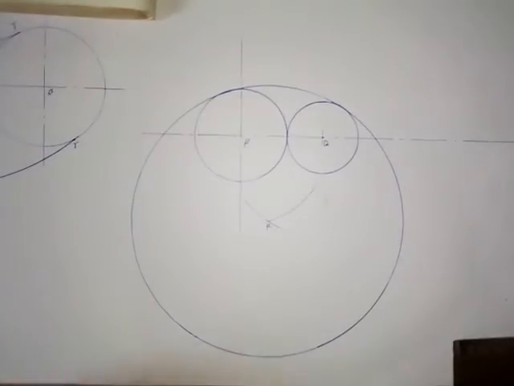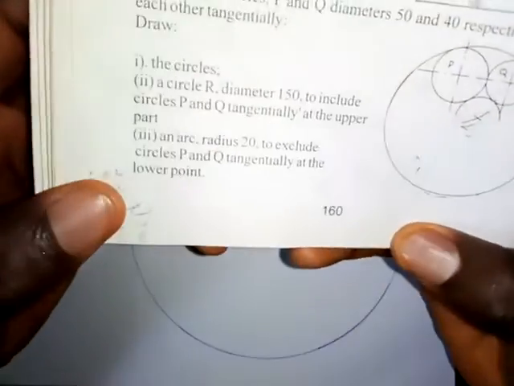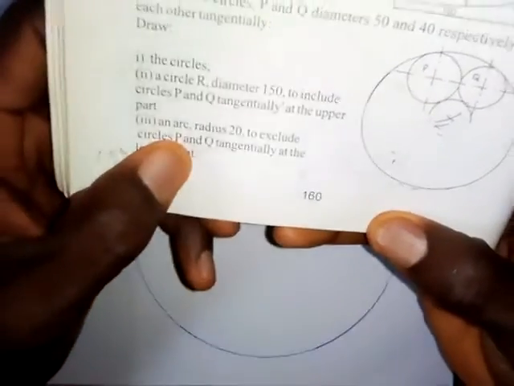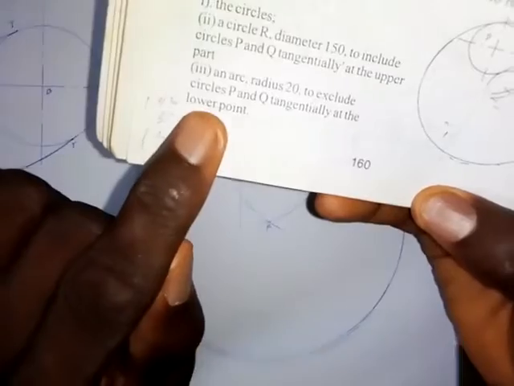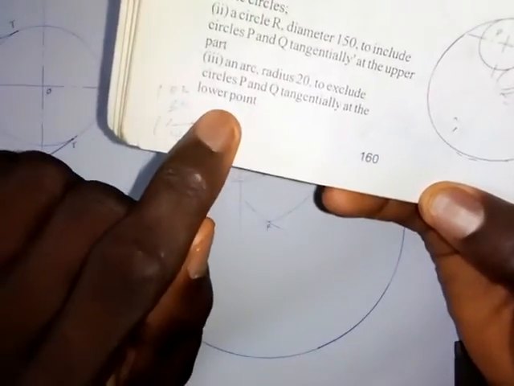Okay, so the next thing is that I've answered that question, which is Roman figure 2. So I want to answer Roman figure 3 now. The question says an arc of radius 20 to touch circles P and Q tangentially at the lower point.